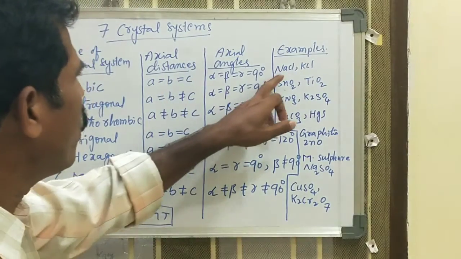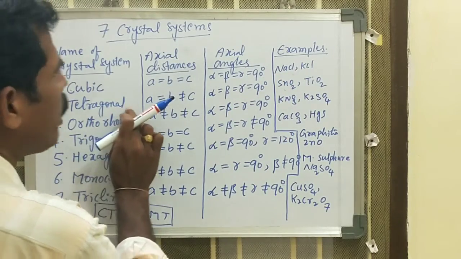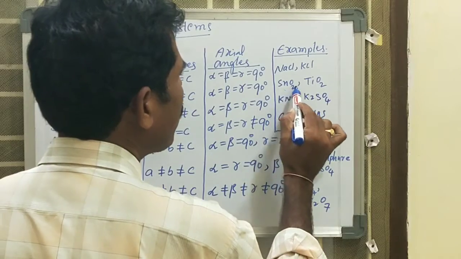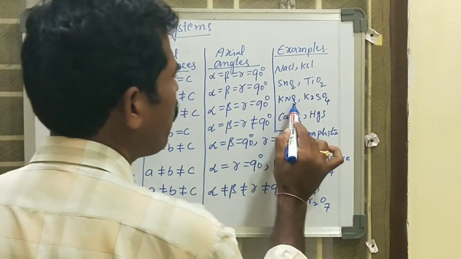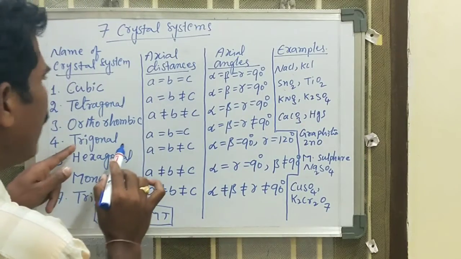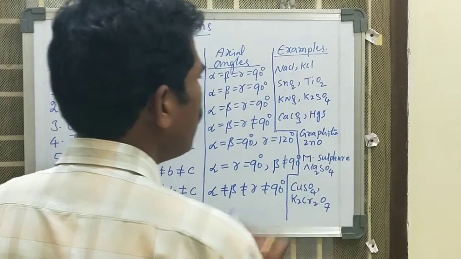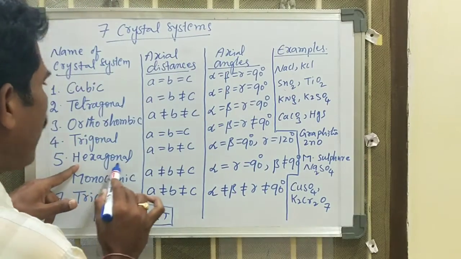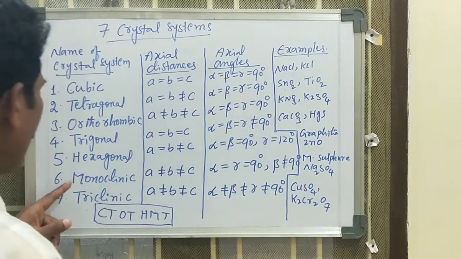For cubic, sodium chloride, potassium chloride. For tetragonal, tin oxide and titanium oxide. Orthorhombic, potassium nitrate and potassium sulfate. Trigonal, calcium carbonate and mercurous sulfide. For hexagonal, graphite and zinc oxide.